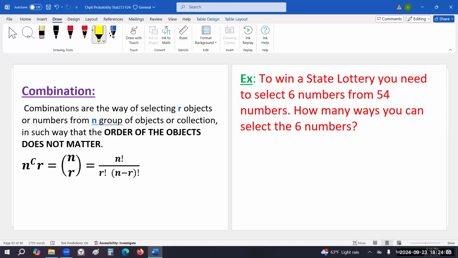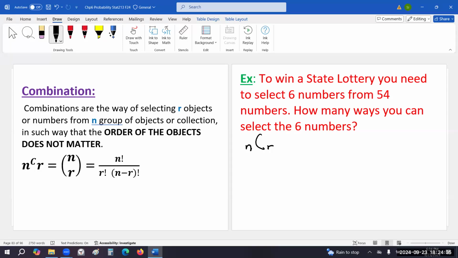So when you select one number, does that mean you cannot select the same number again? For the series, once you pick something, you cannot pick it again, so the order did matter on the last one. But here, the order doesn't matter. So, since the order doesn't matter, this is an example of nCr.